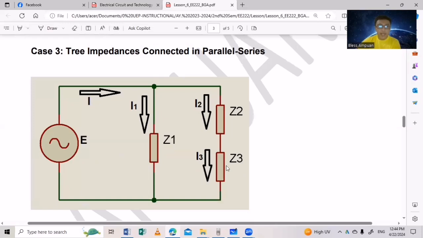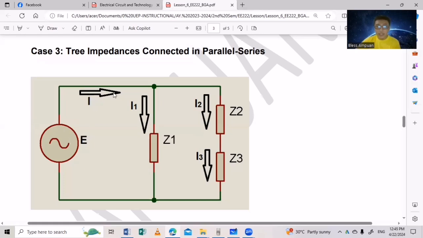And for our third case, this is what we call the parallel-series impedance. We have two series-connected impedances, Z sub 2 and Z sub 3, which are connected in parallel with Z sub 1. In this type of circuit diagram, the current that leaves the supply voltage is our total current.